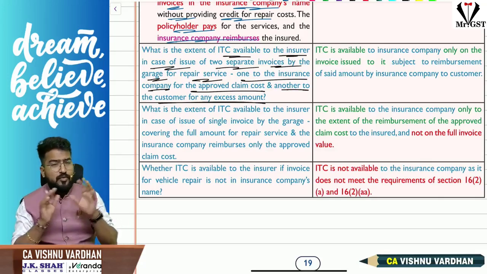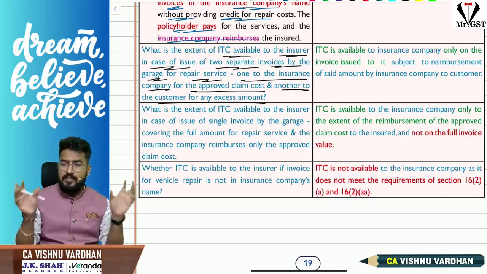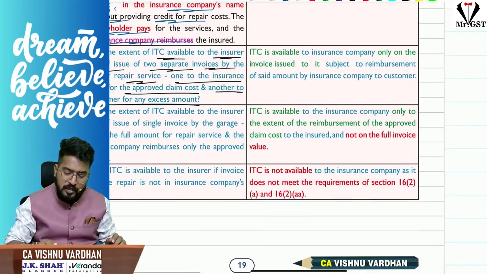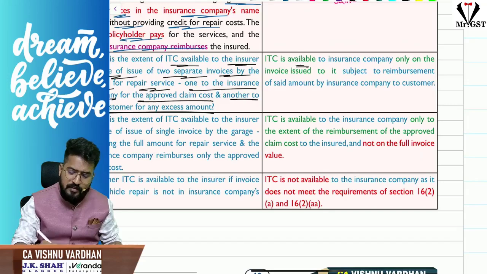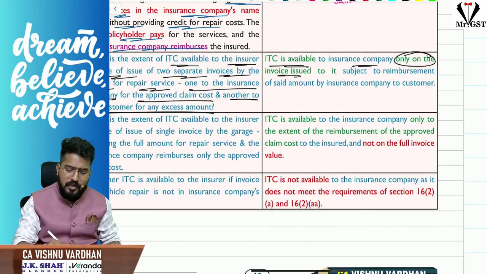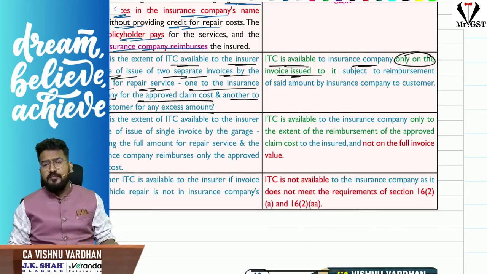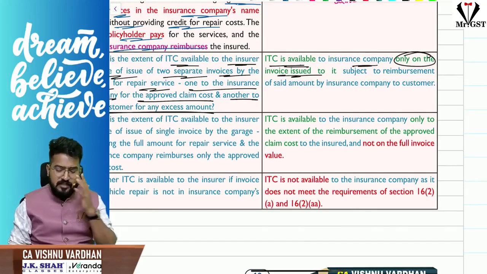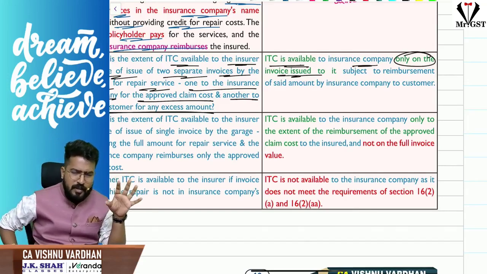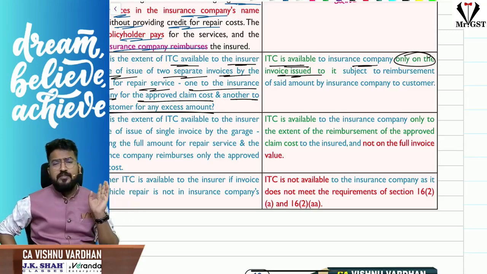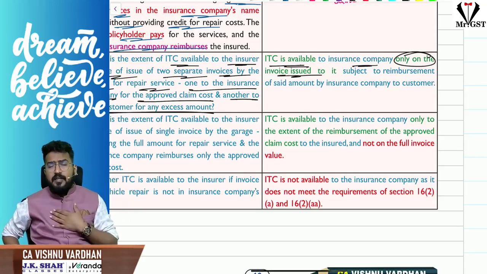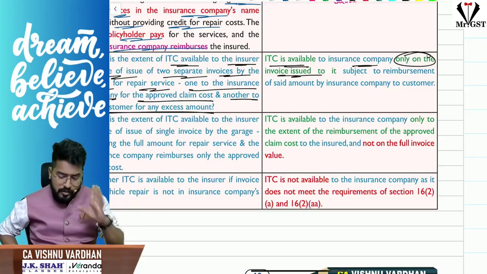So as I told you, 80,000 is to the garage and 20,000 excess amount to the customer. We have given the invoice. Now for the insurance company, ITC is available only on the invoice issued to it, subject, of course, to the said amount being reimbursed to the customer. Please understand, that means the insurance company can take ITC only on the 80,000 because that is the burden they are taking. They are not taking the burden of the entire 1 lakh. So that is the point.